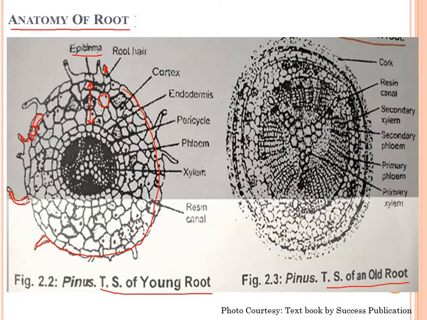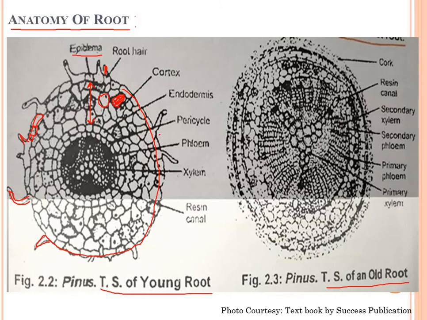Then some resin canals are present within the cortical cells or cortex. Resin canals are responsible for formation of resin in gymnosperms. See, these are the resin canals, they are present in cortex also.